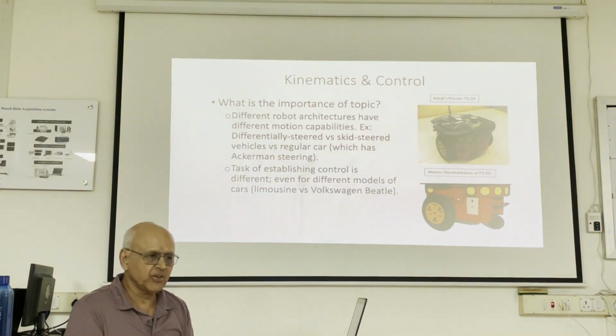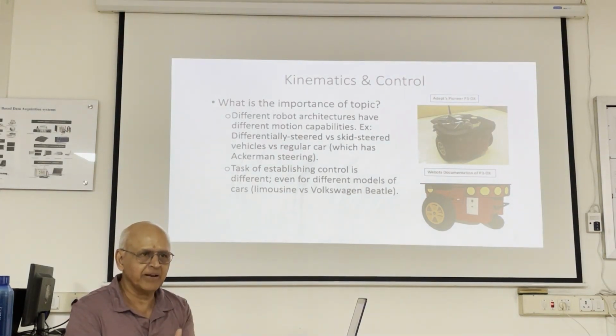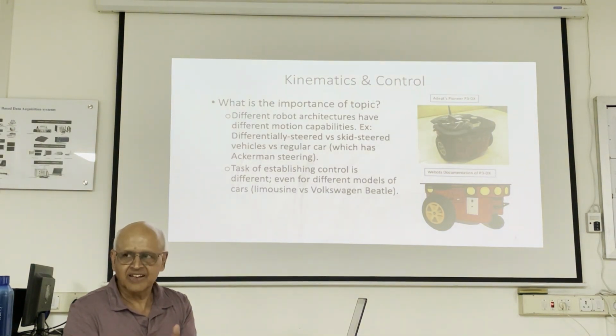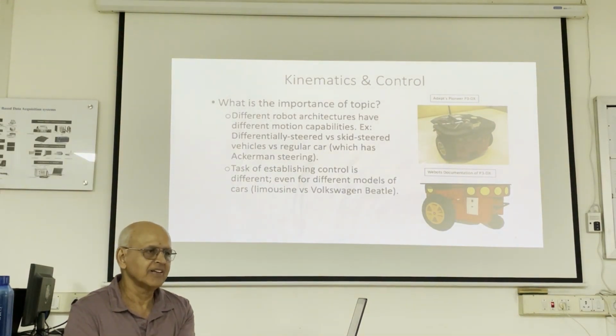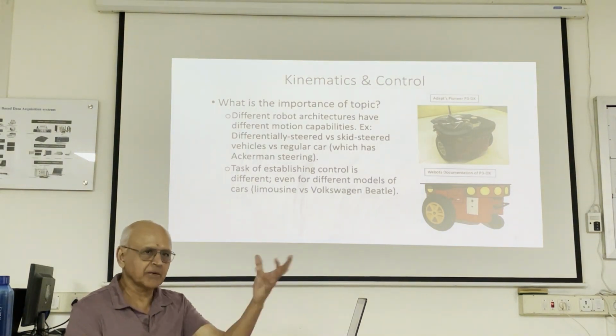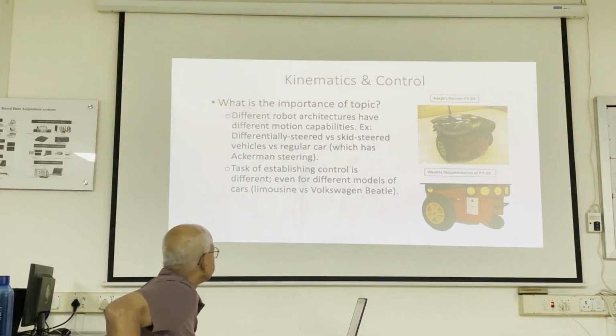You design a controller on that basis, you test it out in a simulator, you save a lot of money, and you eliminate choices that won't work. Ultimately maybe you have 2 or 3 choices left and you actually go and build and test them. That's typically the engineering workflow. You eliminate all the unnecessary effort in the simulator. It's much faster to simulate. To take something outside and test it is going to take much longer than running a simulation of it. Okay.